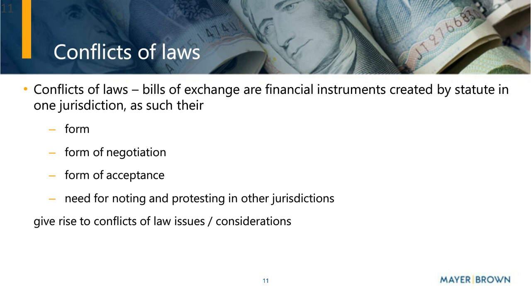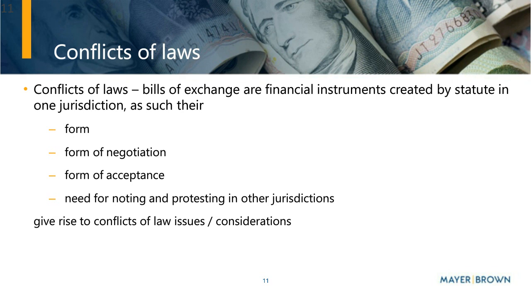If a bill is drawn by a company in England, accepted by a company in Singapore, and endorsed by the English company to a US company, English law says that it'll be English law that governs the requirements for the form of the bill, because it was drawn in England.